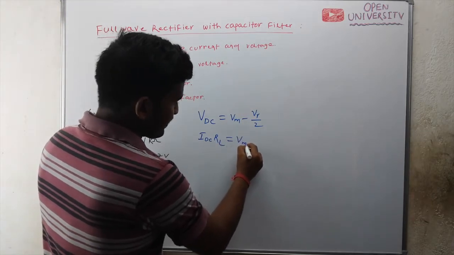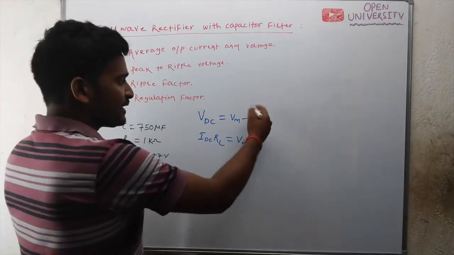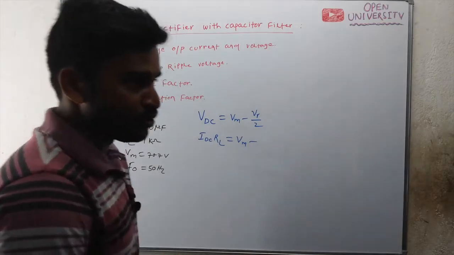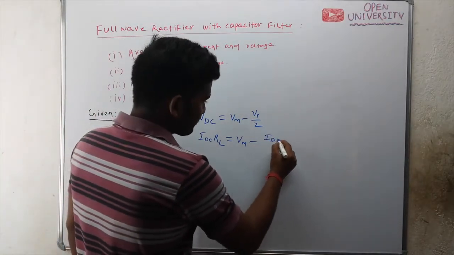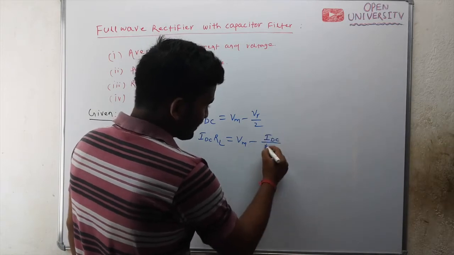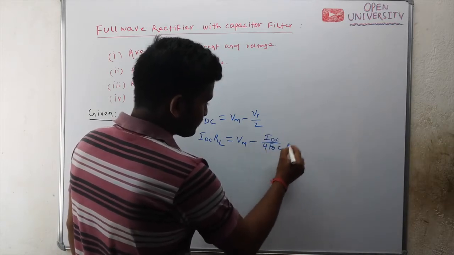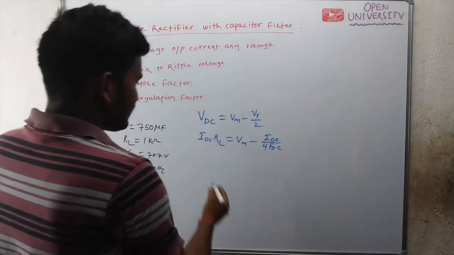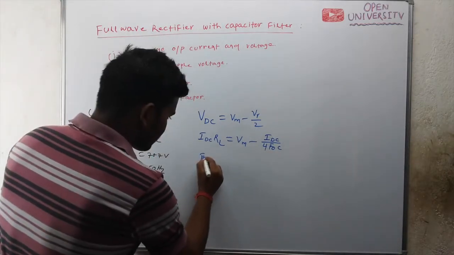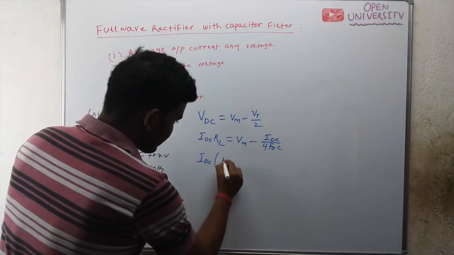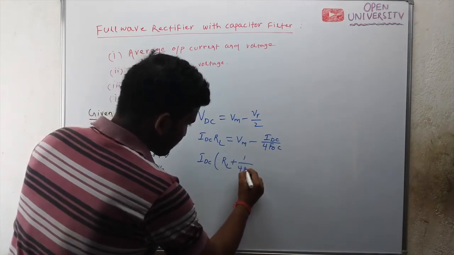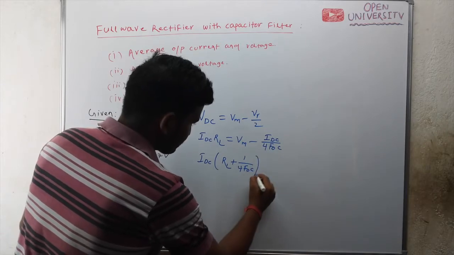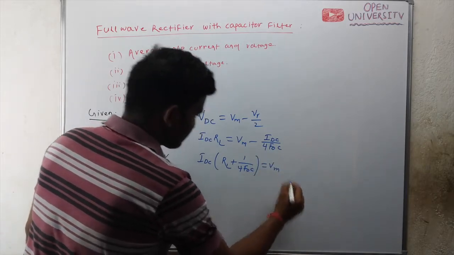Vr is the peak to peak ripple voltage of the full wave rectifier, that is IDC by 2 f C, so Vr by 2 becomes IDC by 4 f C. If you bring IDC common, then it will be IDC times RL plus 1 by 4 f C equal to Vm.